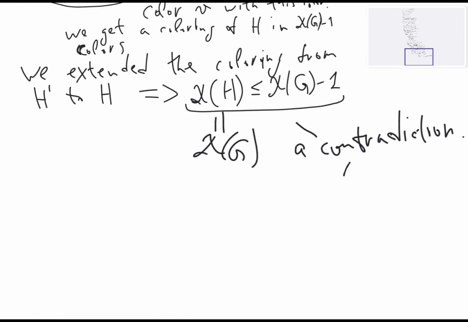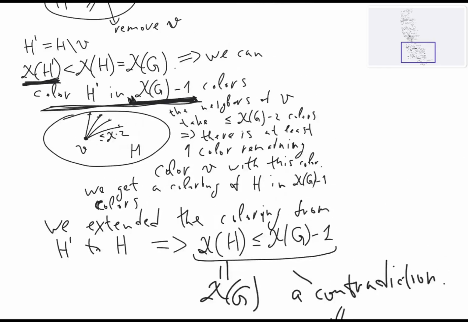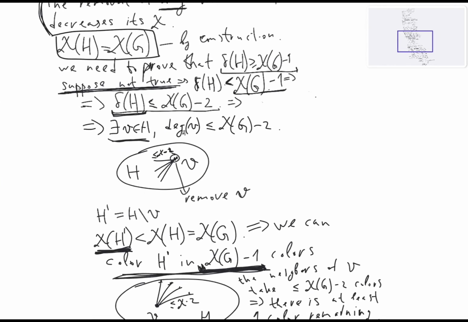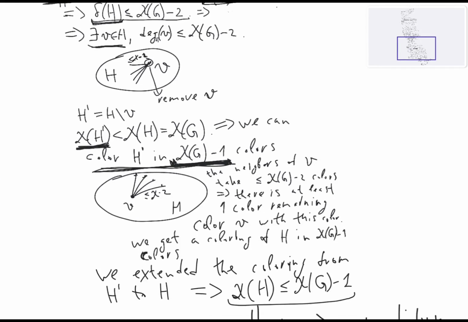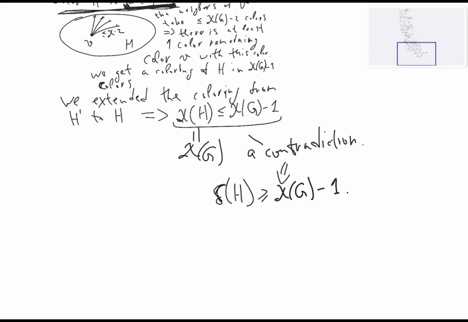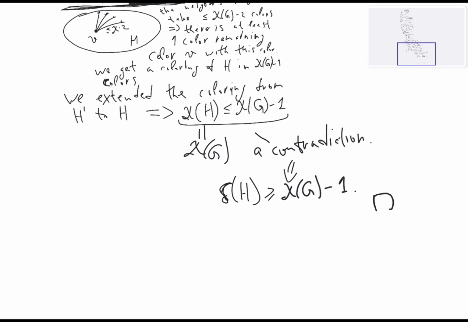So a contradiction that implies that delta of H is greater or equal than he of G minus 1. And this concludes the proof of the theorem.